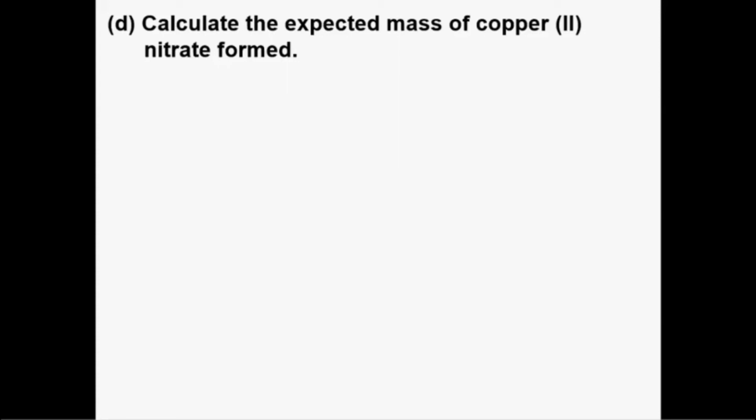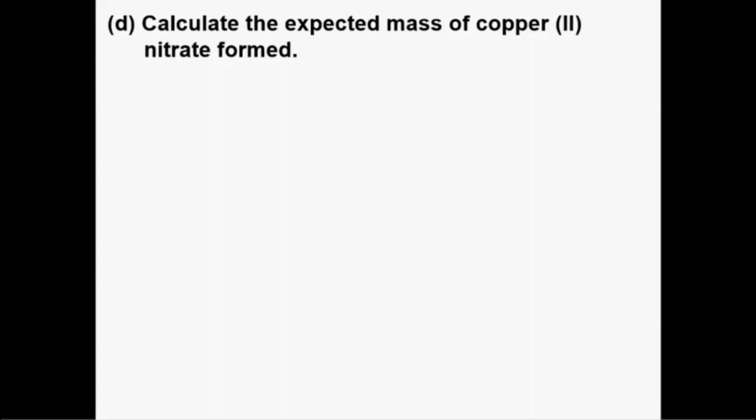So in this question D, to determine the mass of copper II nitrate, we need to use the moles of nitric acid used in the reaction. Why? Because nitric acid is the limiting reactant. So the quantity, the moles or the mass of copper nitrate, greatly depends on the moles of this limiting reactant, which is nitric acid.